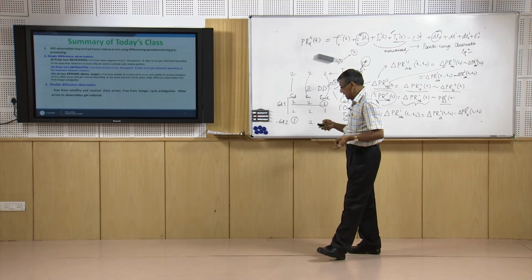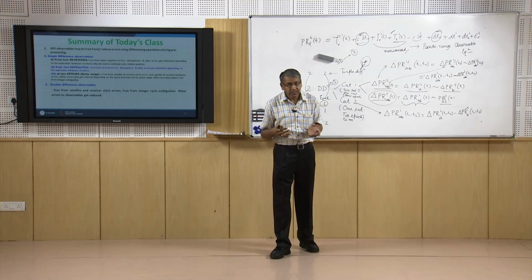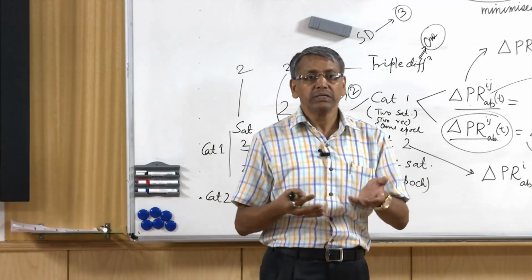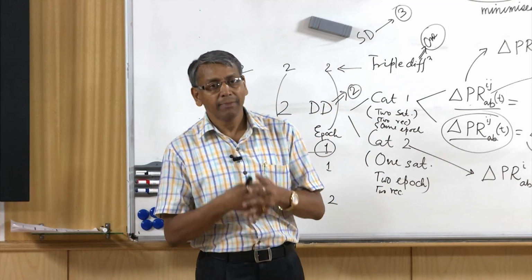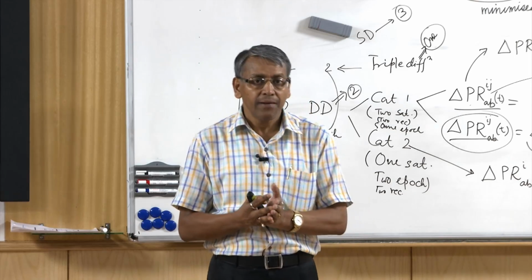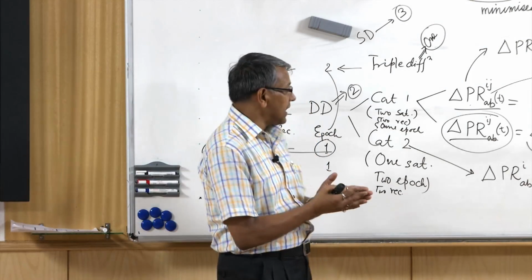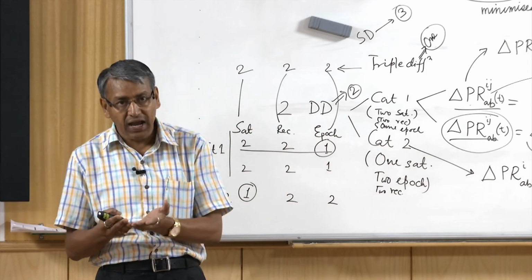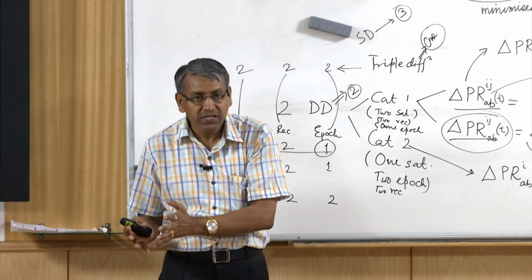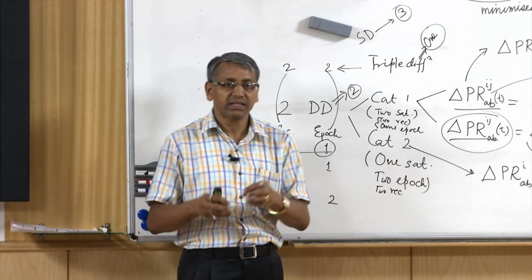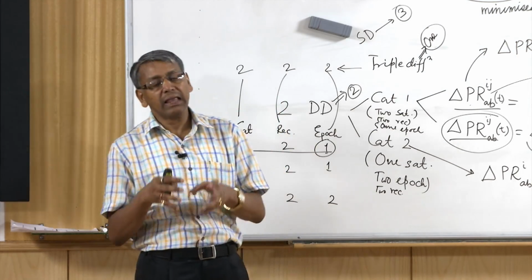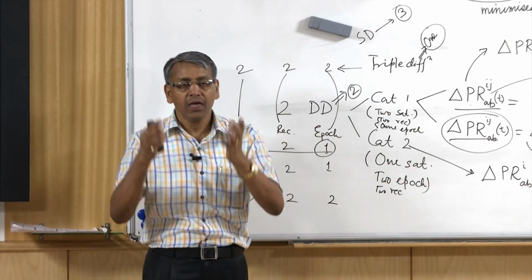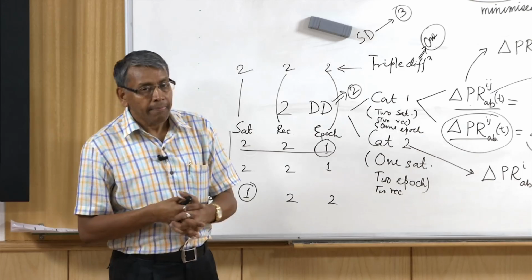Now, the next variety is the double difference, which is again the difference of the single difference observables, and there may be 2 categories. In the first category there will be observables coming from 2 satellites to 2 receivers, but we will consider observables at the same epoch of observation, and in that case we will be able to minimize the error from the receiver as well as the satellites.